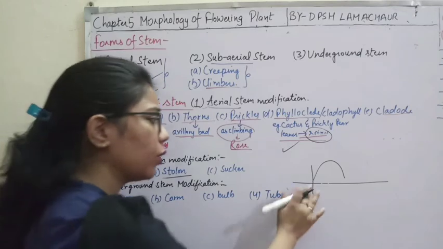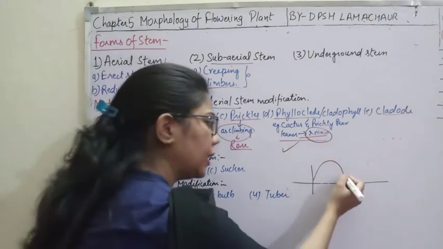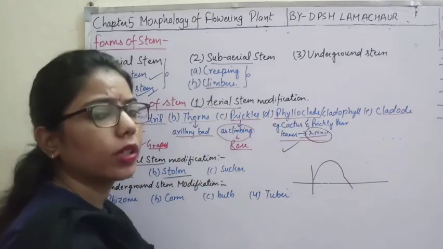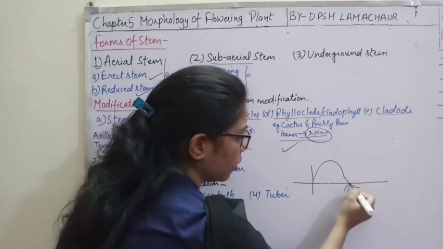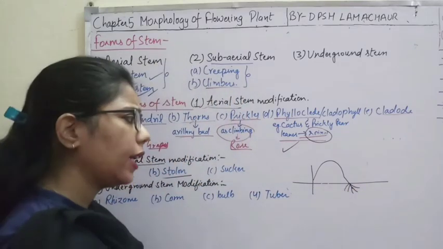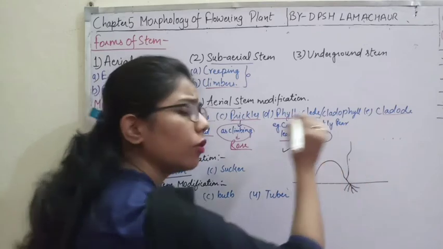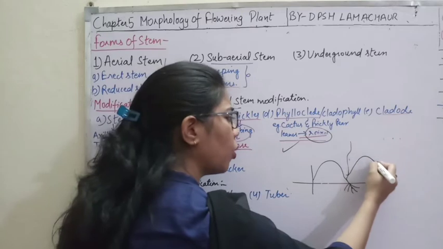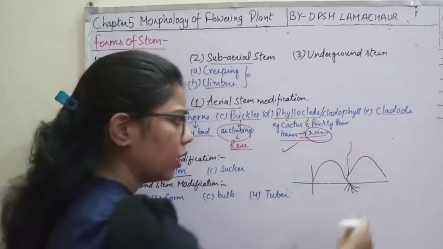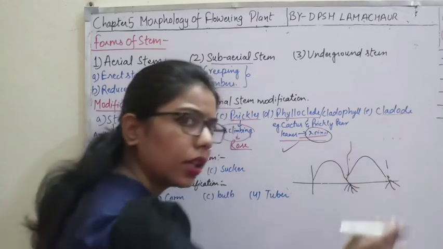It means sideways: first it goes to the side, then grows upward, and then again moves towards the land. When it moves towards the land, it forms roots, and from this part a new plant will form. Like this, it again grows obliquely upward, comes down here and forms roots, and this gives rise to a new plant.